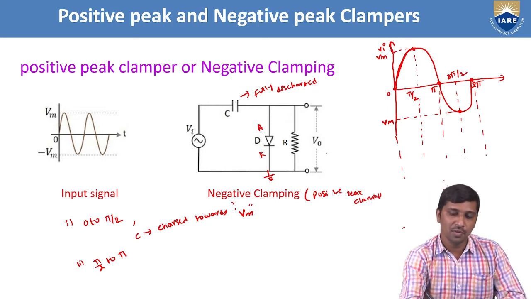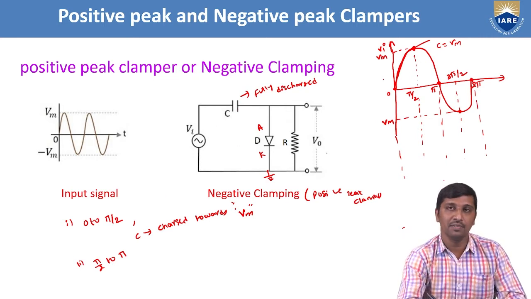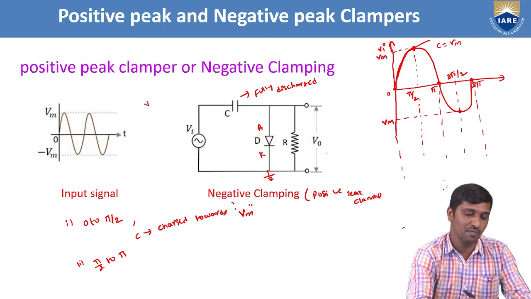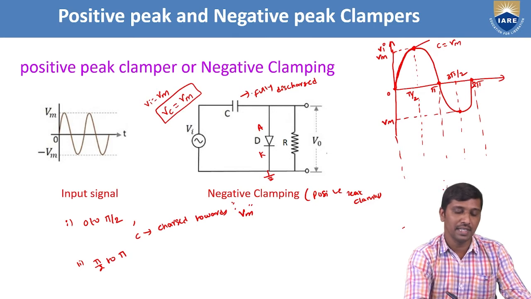But up to this Vm voltage, the capacitor holds the maximum voltage. So when VA reaches Vm, the capacitor is charged towards Vm, and hence the voltage across the capacitor is Vm.